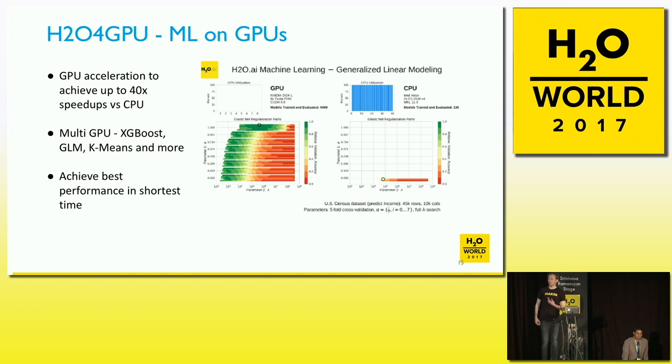I started off at H2O as a Scala developer, and recently we moved on to GPUs. The reason why is, as Ashish mentioned, speed. So what we're trying to achieve is, does anyone know what scikit-learn is, the Python library? Okay, a few people. scikit-learn is the go-to library that people use for machine learning.